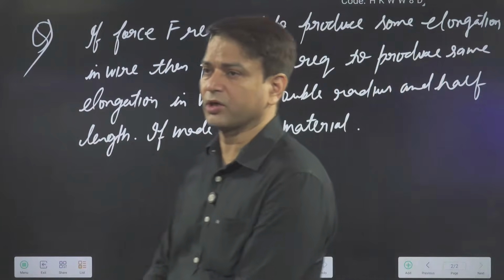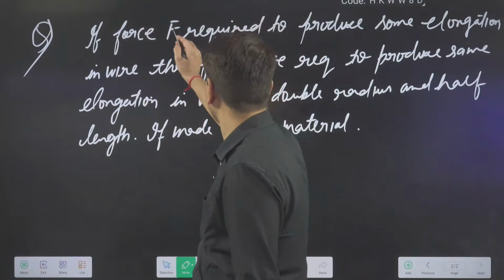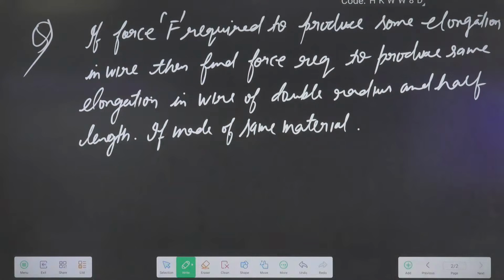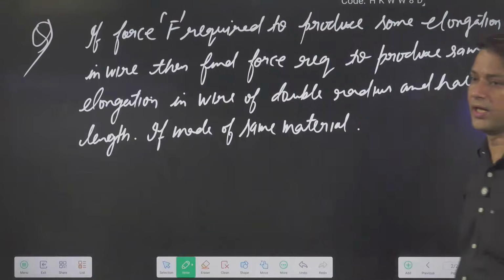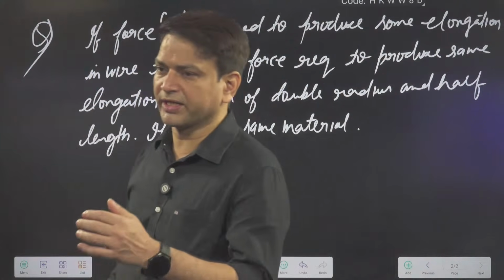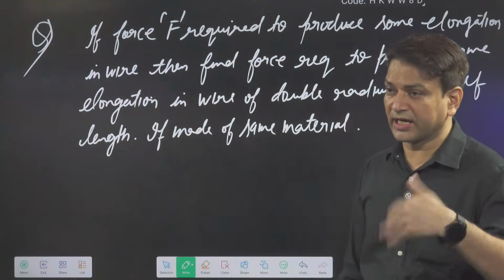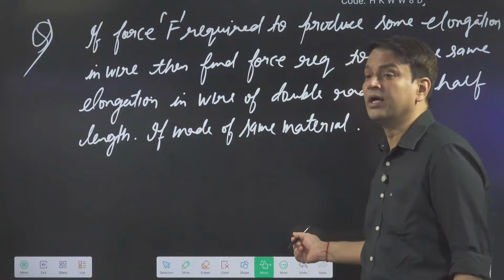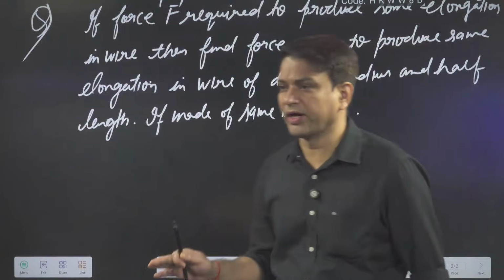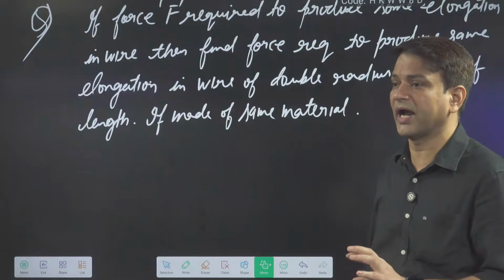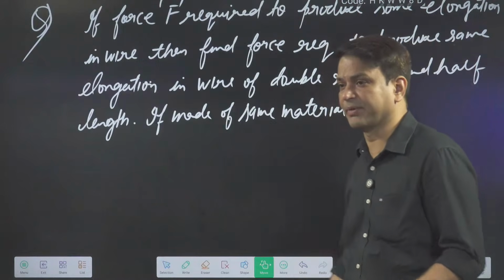A force F is required to produce some elongation in a wire. Find the force required to produce the same elongation in a wire of double radius and half length, if the wire is made of the same material. I already said that if the data is given for one condition and they ask for another, this type of problem we can do by ratio. Here I gave the force F for one wire, but I am asking the force for another wire whose radius is double and length is half, made of the same material.